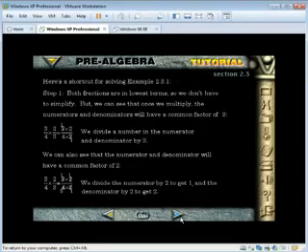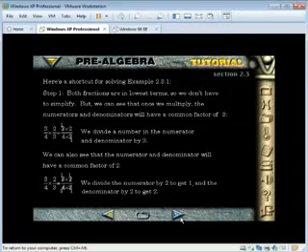Here's a shortcut for solving example 2.3.1. Step 1. Both fractions are in lowest terms, so we don't have to simplify. But we can see that once we multiply, the numerators and denominators will have a common factor of 3. We divide a number in the numerator and denominator by 3. We can also see that the numerator and denominator will have a common factor of 2.